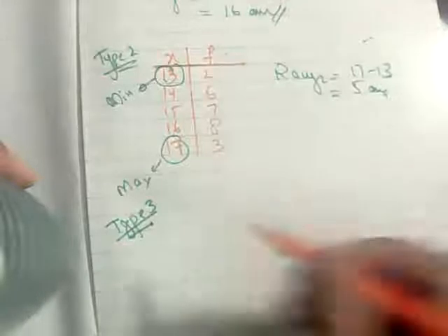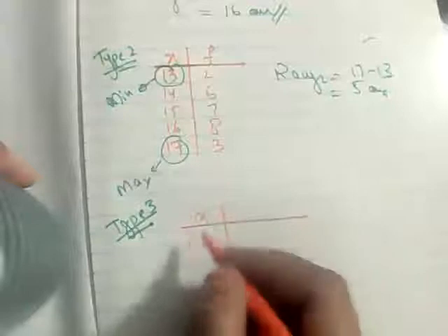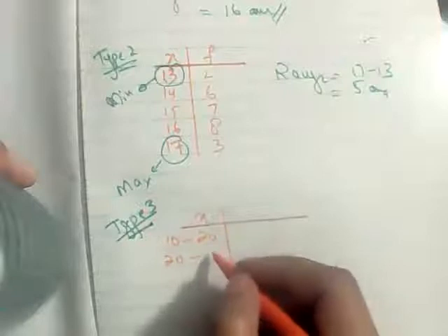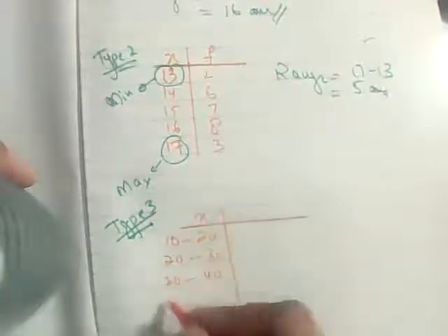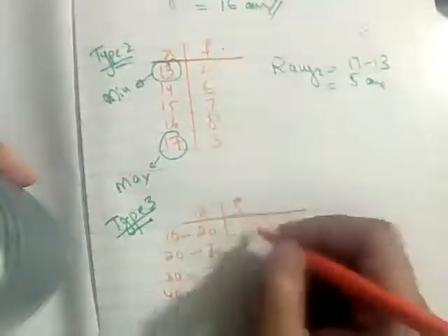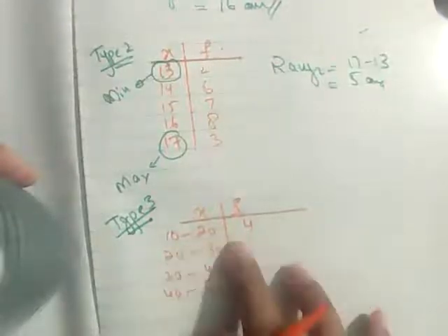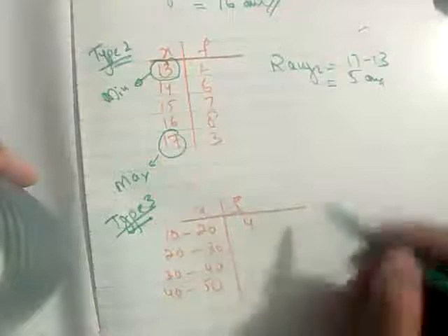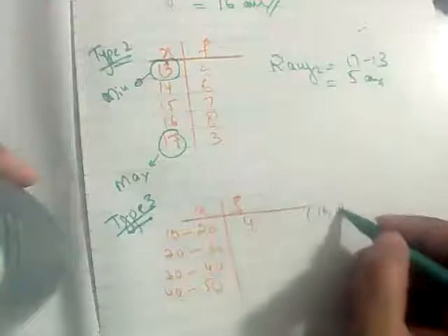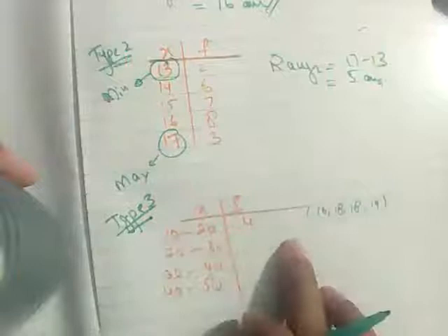Same scenario for type 3, when grouped data is there. Let's say I'm taking boundaries 10 to 20, 20 to 30, 30 to 40, 40 to 50, and some frequencies are here. Let's say there's 4, so there are 4 values in this range. Now I don't know what those 4 values are. Maybe the starting ones are like 16 and 18, 18 and 19. So what is the minimum here? 16.